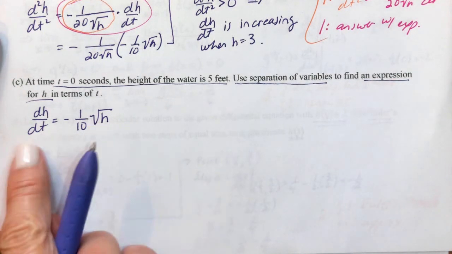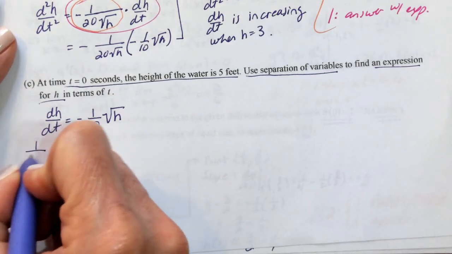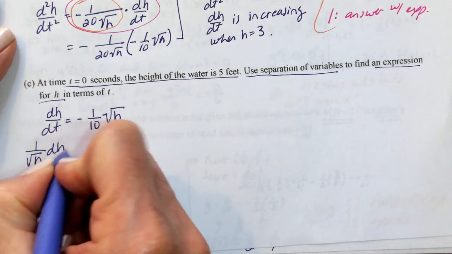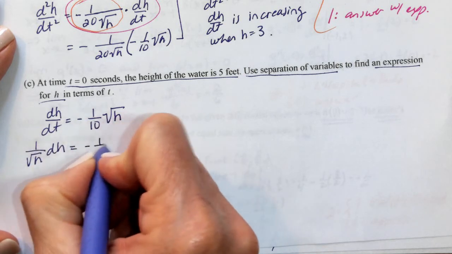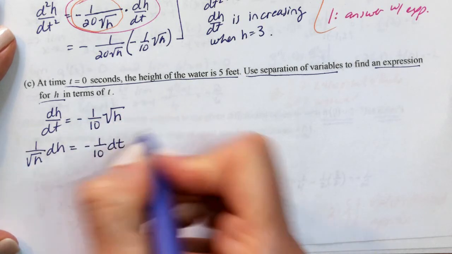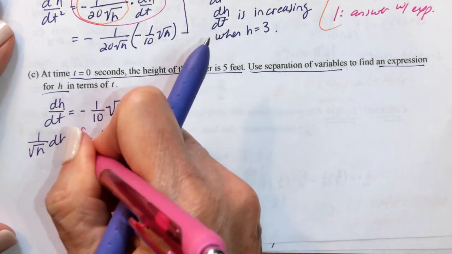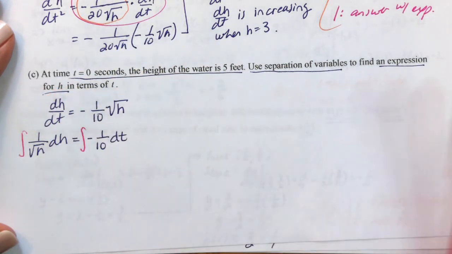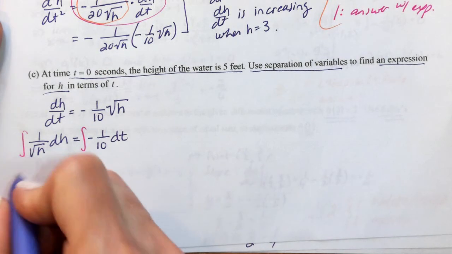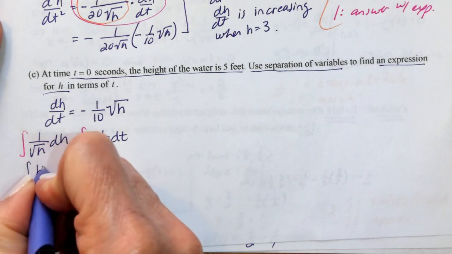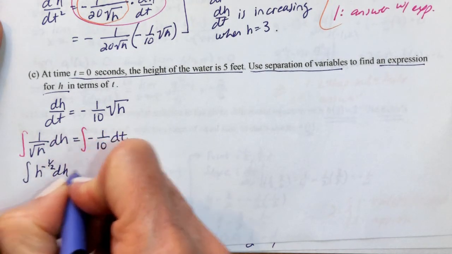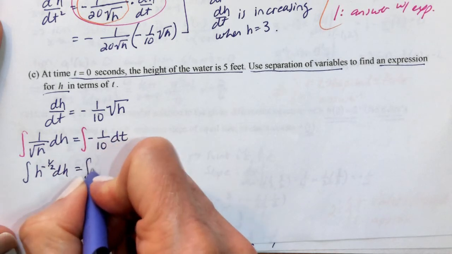So I'm going to separate and integrate. I'm going to divide both sides by square root of h. Multiply both sides by my dt. I separated, and now I integrate. So I'm thinking of this as h to the negative 1/2.